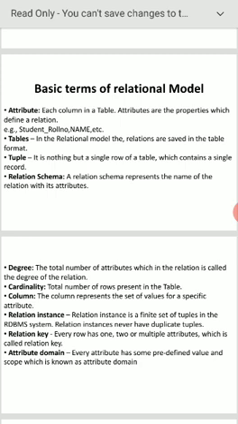Relation key. Every row has 1 or 2 or multiple attributes, which is called a relation key. There may be 1 row or 2 rows or multiple attributes. This is totally called the relation key. Attribute domain. Every attribute has some predefined value and scope, which is known as the attribute domain.